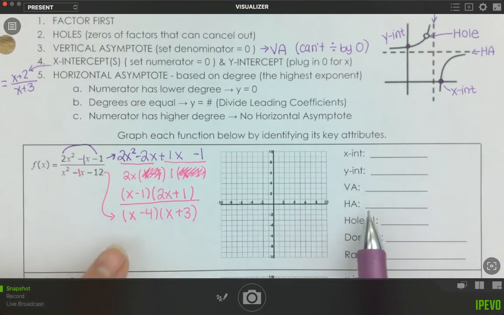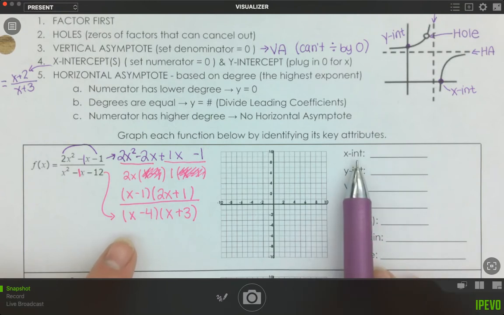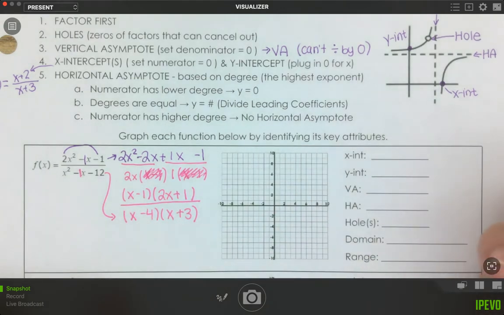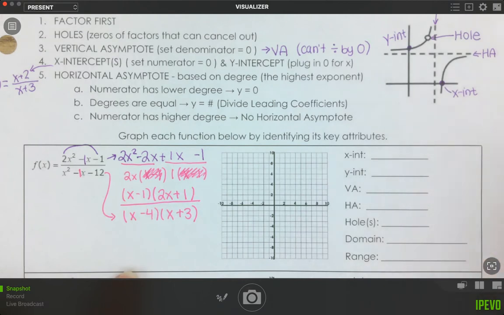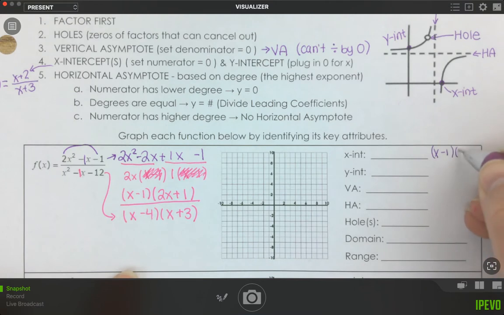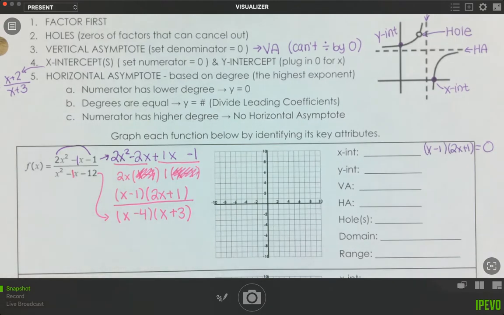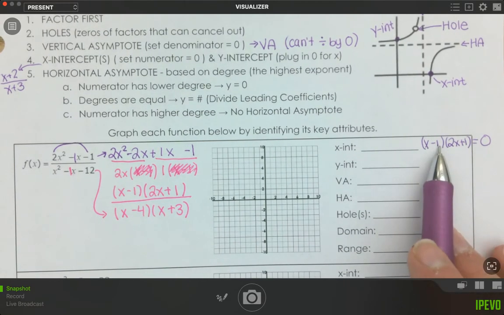Okay, the first thing that I'm going to look for is the x-intercept. That means that this part right here equals 0 because we want this whole thing to equal 0. And I'm going to kind of write that over here. I know it's kind of small, but you just want to set the top equal to 0.